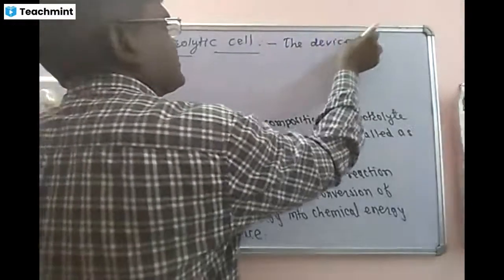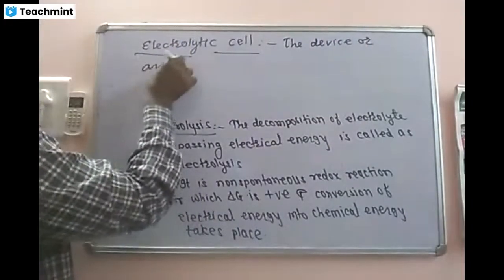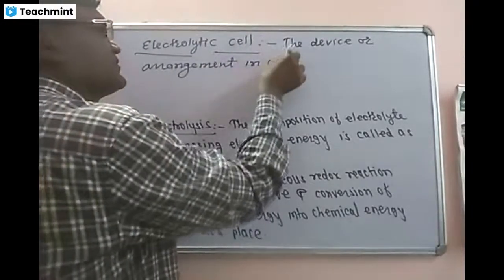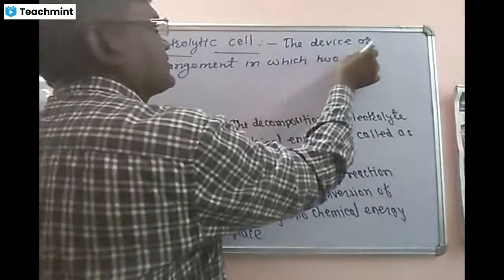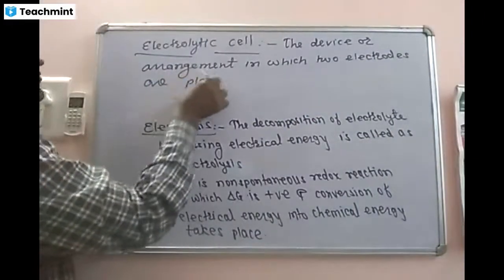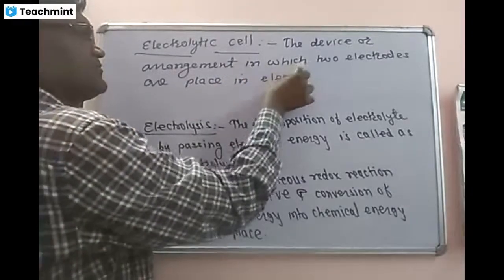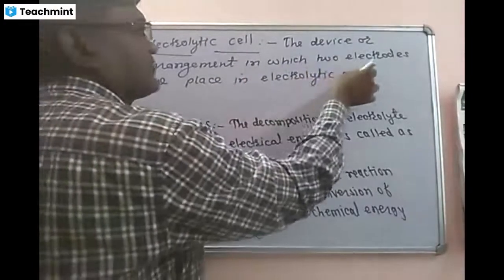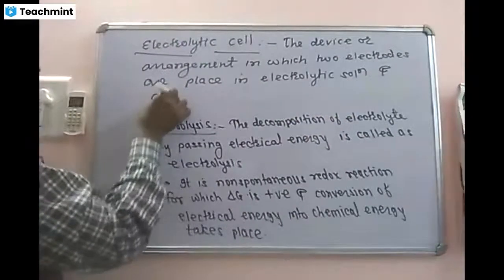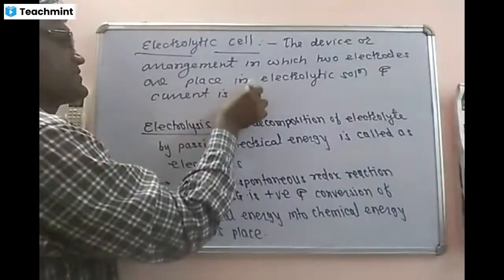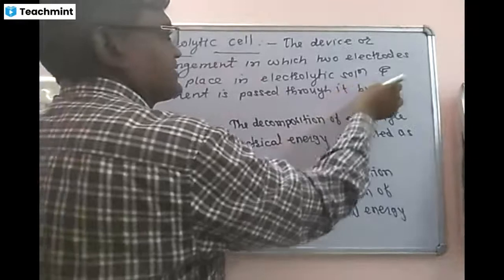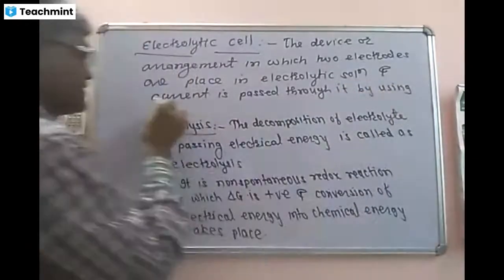The device or arrangement in which two electrodes are placed in electrolytic solution and current is passed through it by using cell or battery.